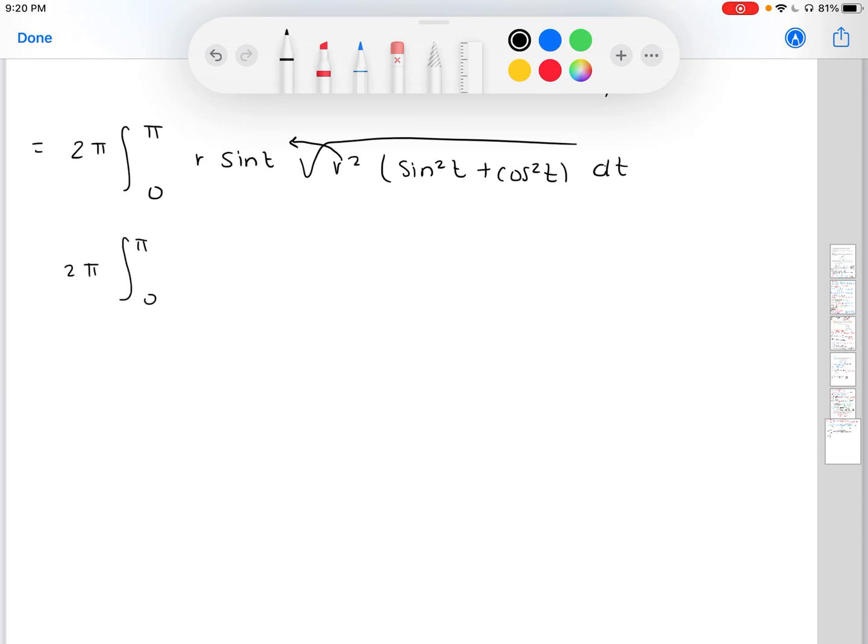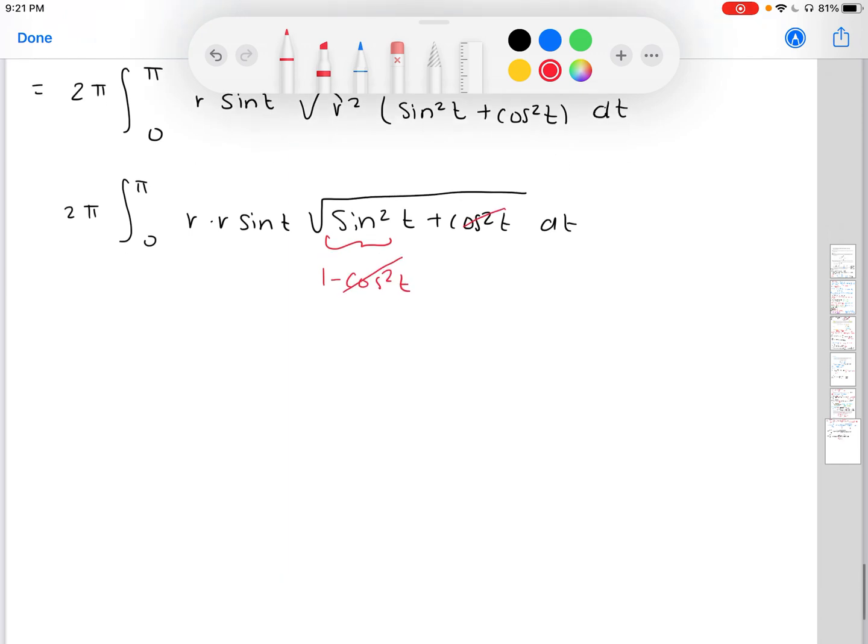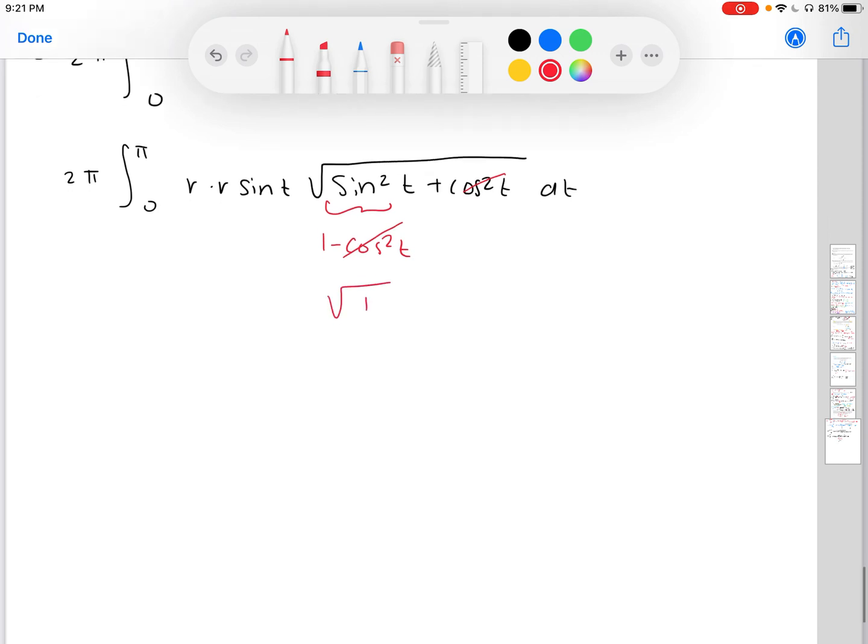So we have r times r sine of t, and we have sine squared of t plus cosine squared of t dt. We can let sine squared be 1 minus cosine squared of t. Our cosines add up to be 0, and we're just left with square root of 1, which is 1.